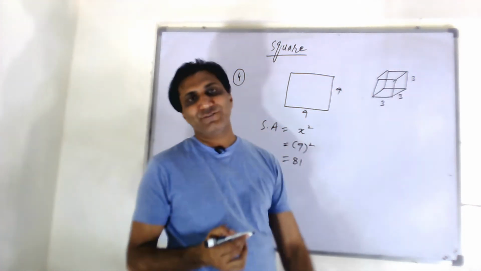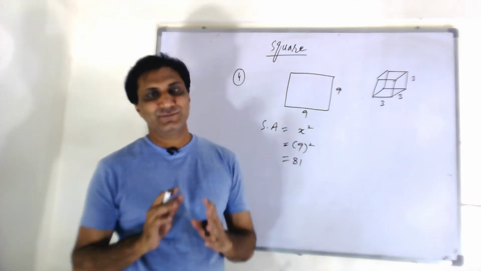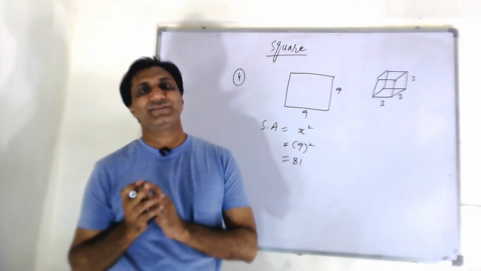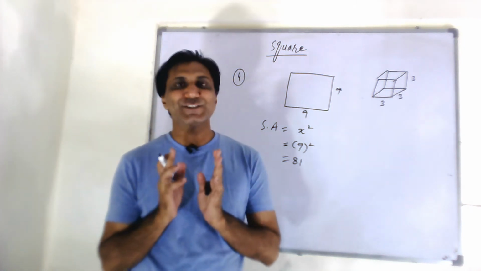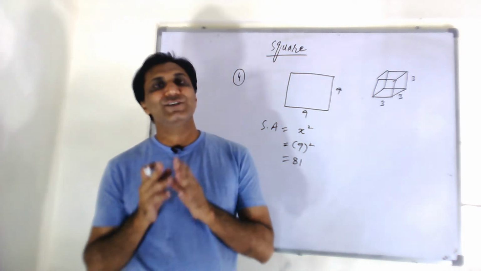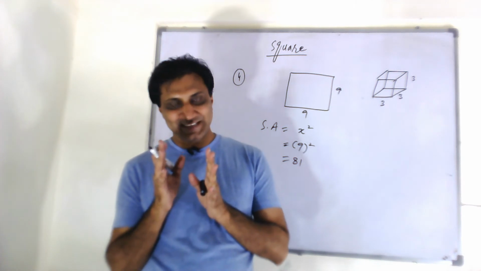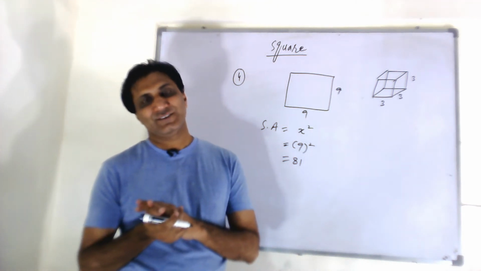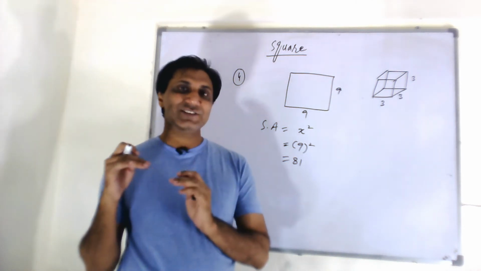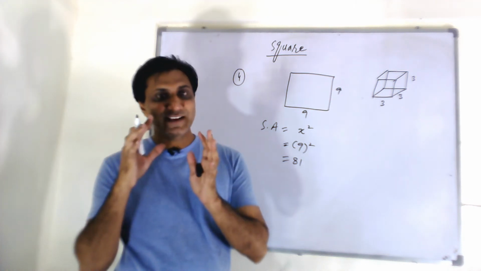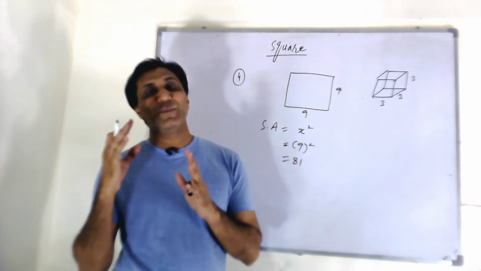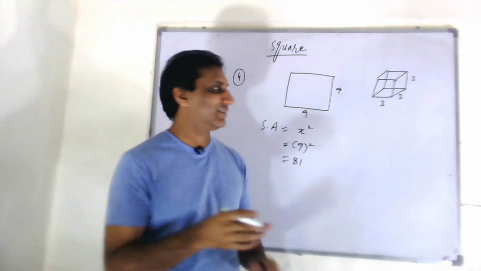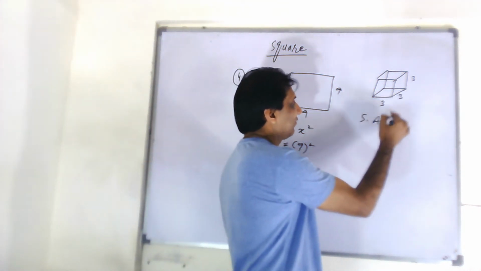But in the case of a cube, there are 6 faces to a cube. Every face is a square. So the area of every face is x square. Because there are 6 such faces, the total surface area of the cube will be 6x square.